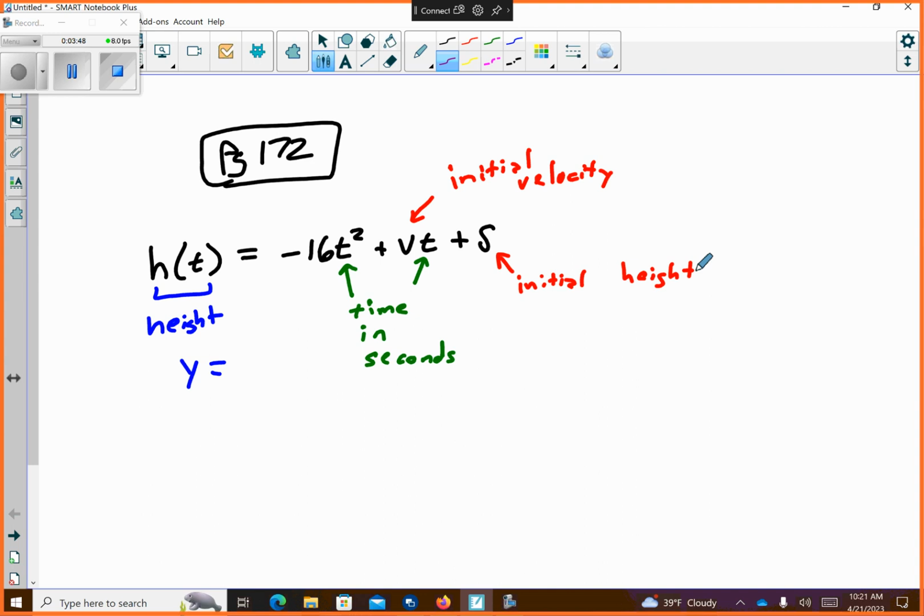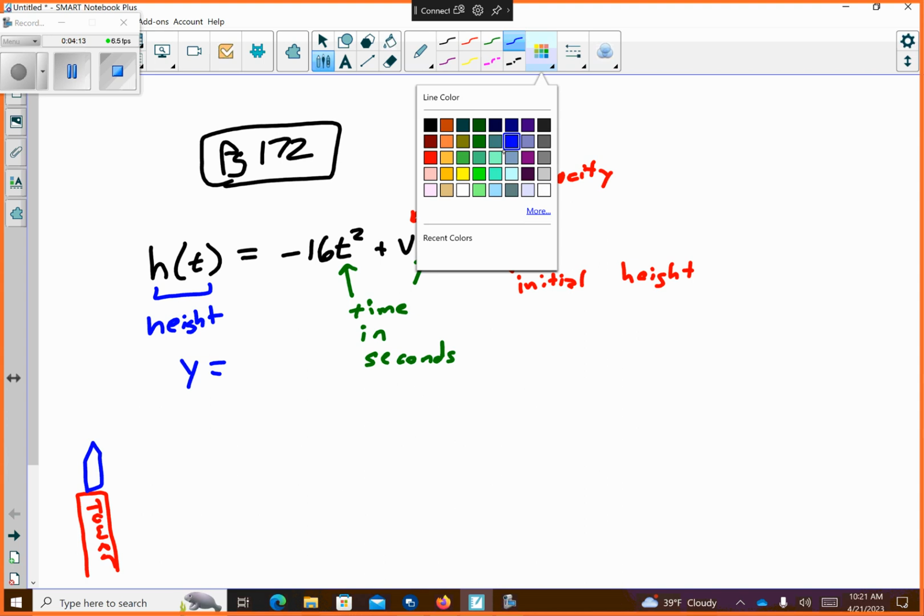So now, for problem number 3, it says, a rocket is launched from an 80-foot tower. Okay, so think about this. We have a tower, and we have this rocket that we're launching from the tower.